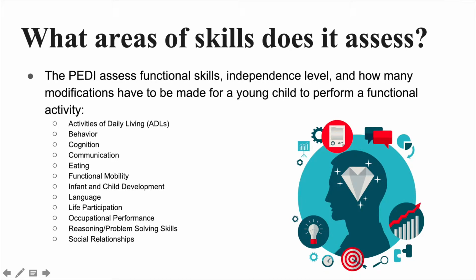So it has a wide variety of different areas that it can assess, and you can either pull those areas and assess them individually, or you can use the entire assessment to look over all these areas for a child who has a disability.